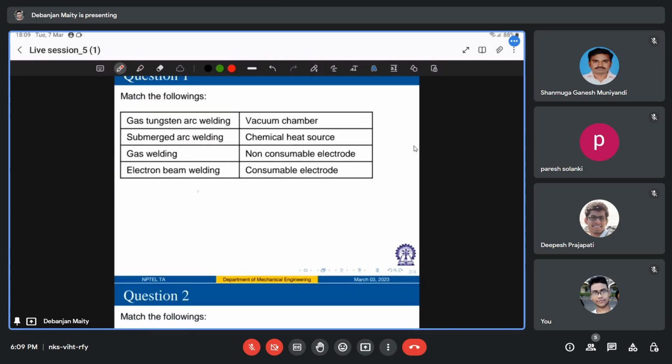For this shielded metal arc welding, there will be some electrode like this, and then of course it will have some coating over this electrode, and then there will be your arc produced from this electrode. And then if you have this parent metal like this, there will be some deposited material and slag over there.